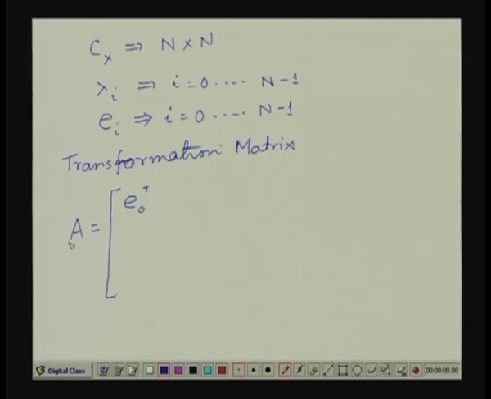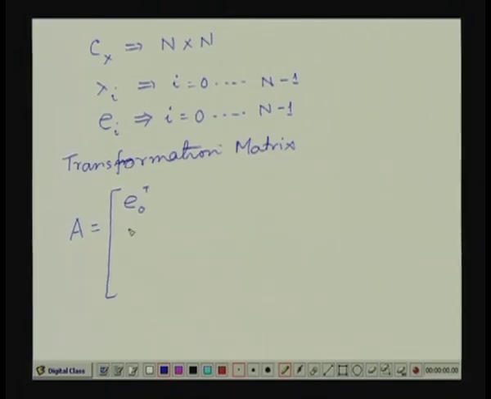So, the rows of this matrix A will be the eigenvectors of the covariance matrix C x. So, A will be E0 transpose, E1 transpose, and so on up to E n minus 1 transpose, where E0 corresponds to the eigenvalue lambda 0, and obviously, as we have already said, our assumption is lambda 0 is greater than or equal to lambda 1, which is greater than or equal to lambda 2, and continuing like this, greater than or equal to lambda n minus 1.